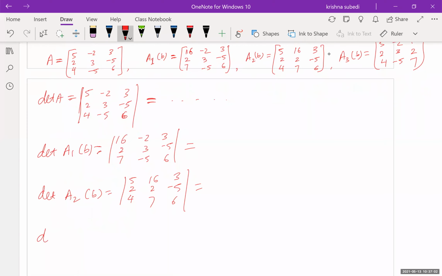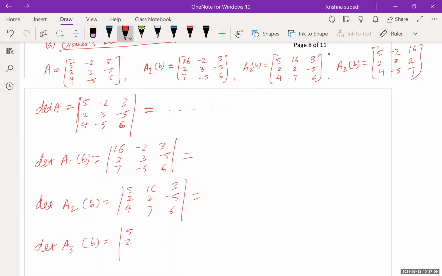And finally, find A sub 3b, which is 5, 2, 4, then -2, 3, -5, and 16, 2, 7. Okay, I'll wait. Complete it, find the determinant of all of these, and then we will apply these determinants in the formula to get the solution for this system.